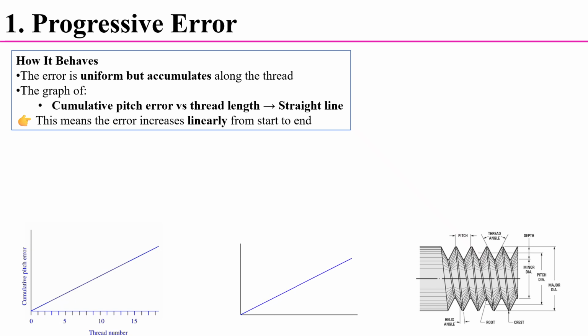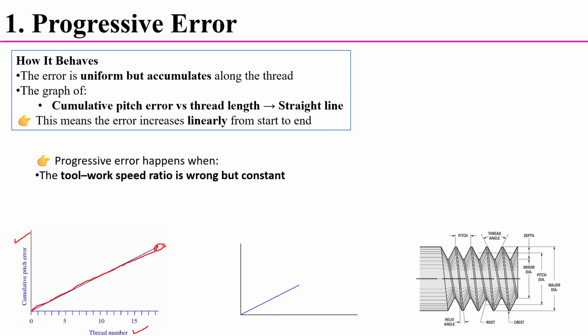In the schematic, on the y-axis we consider the cumulative pitch error, and on the x-axis the thread number or the thread length. Here the progressive error varies linearly, increasing from the start point to the end point.